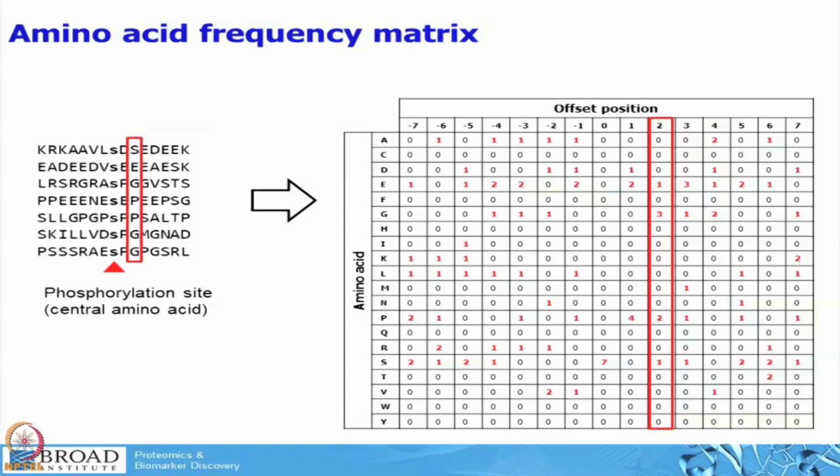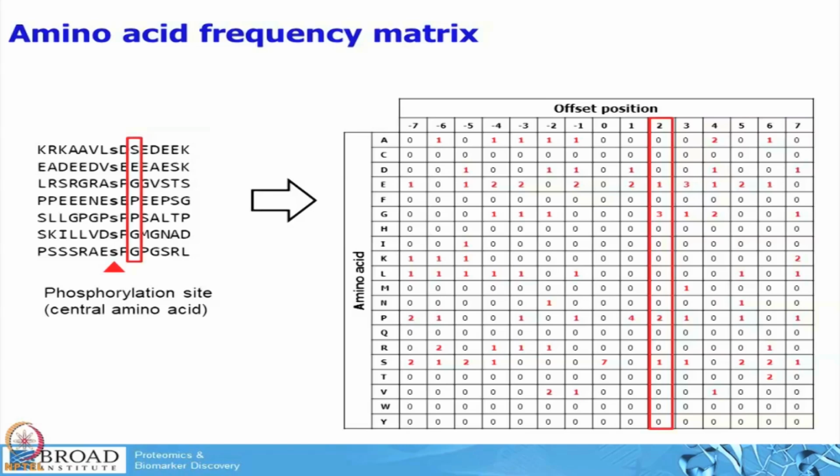From that you can very easily build up a frequency matrix where in the columns you have your offset positions. Again, 0 means this is the actual phosphorylation site, and then you're looking 7 amino acids to the left and 7 amino acids to the right in this case. This is very arbitrary, so some tools use different sequence window lengths.